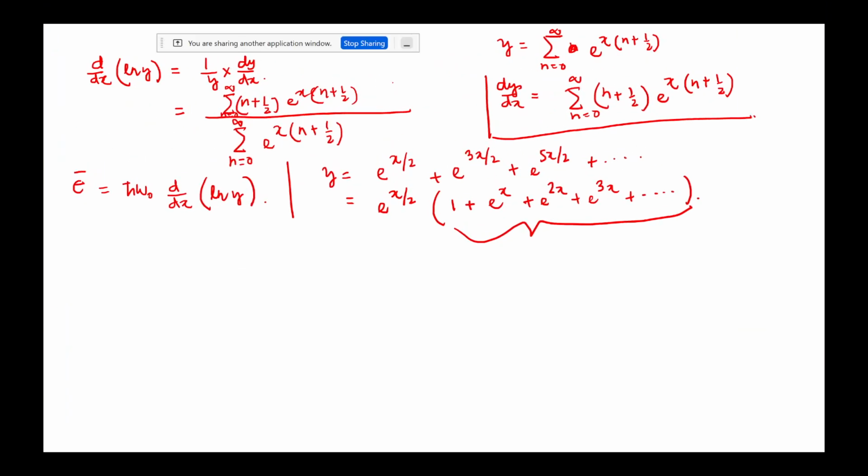Let me write it here. So this term will be 1 divided by 1 minus e to the power x, right? So then I can write it as e to the power x by 2 divided by 1 minus e to the power x, and if you take the log of this, then what will become?